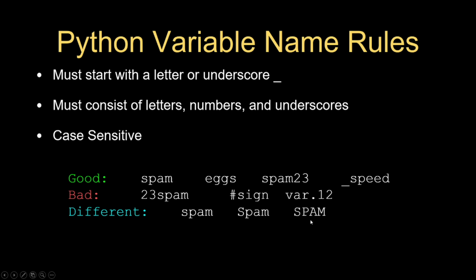So, these three are treated differently, or we could say that they refer to different things in Python. Now, it's not good practice for your main differentiation between variable names to be only the case. Let's say you have a variable named x_value, small letter x, underscore, small letter value.